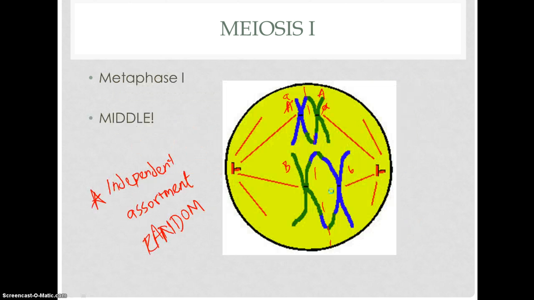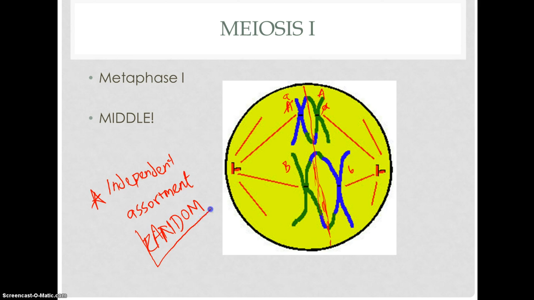So then we have metaphase 1. The most important term here is middle. The homologous chromosomes travel to the middle, and one is above the equator and one is below the equator. This is an invisible line, but they occur like this. And we have something known as independent assortment. Independent meaning not dependent, meaning it's random.